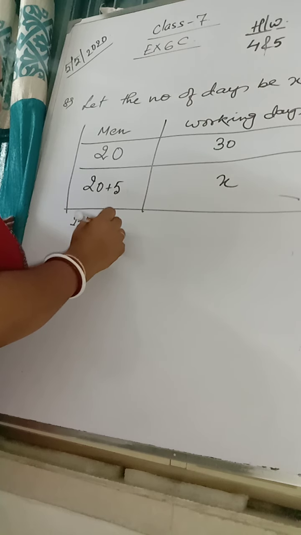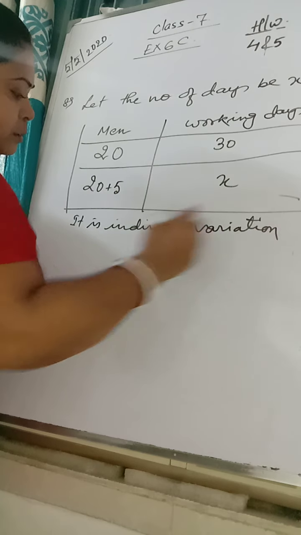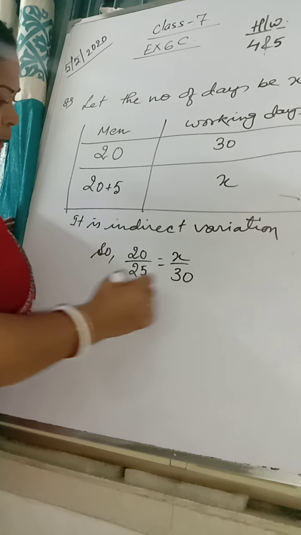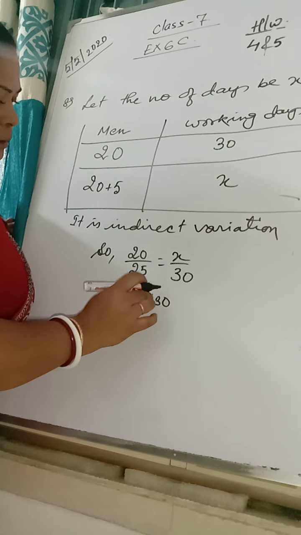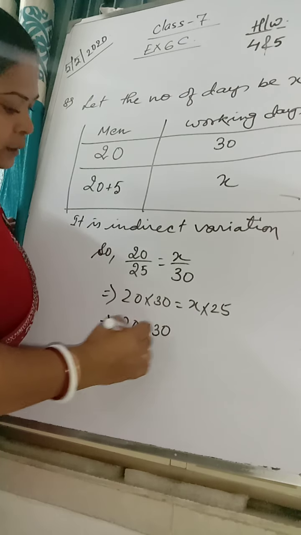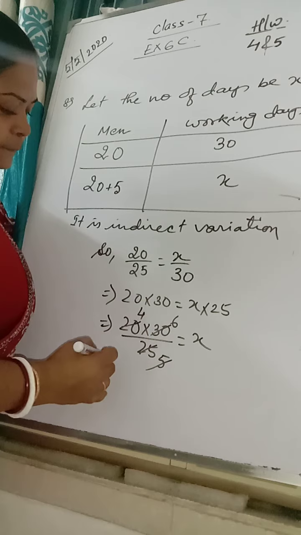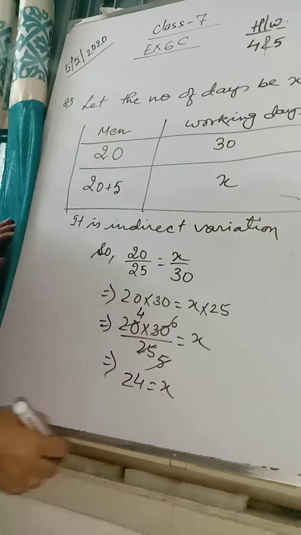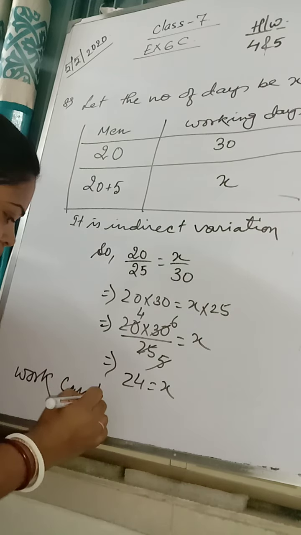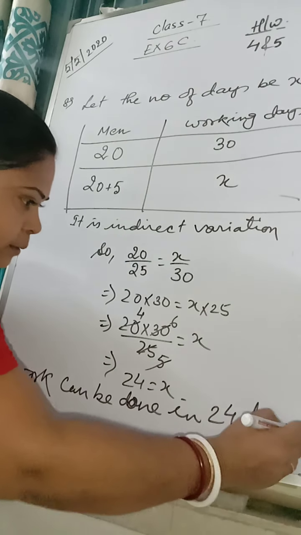It is indirect variation. So 20 by 25 is equal to X by 30, or 20 into 30 is equal to X into 25, or 20 into 30 by 25 is equal to X. 5 sixes are 30, 5 fives are 25, 5 fours are 20, 24 is equal to X. So the work can be done in 24 days. That is question number 8.